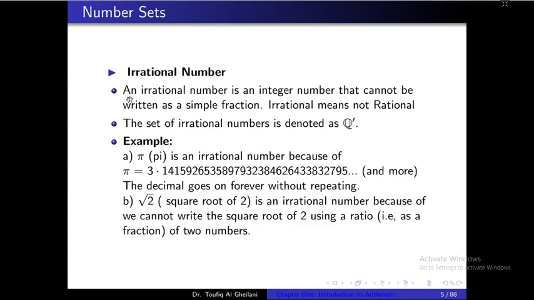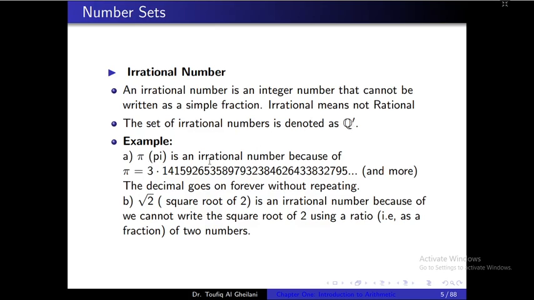Irrational numbers. An irrational number is a number that cannot be written as a simple fraction a over b. Irrational means not rational. The set of irrational numbers is denoted by capital Q dash.